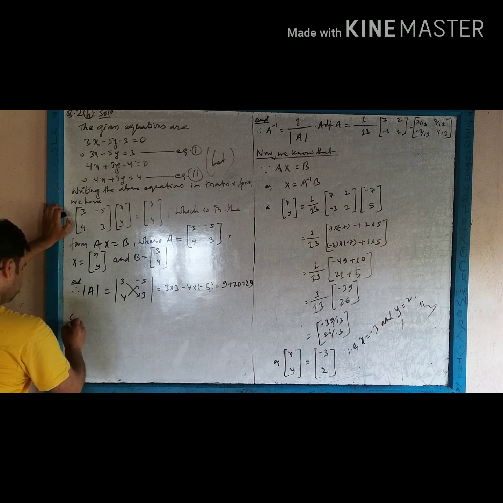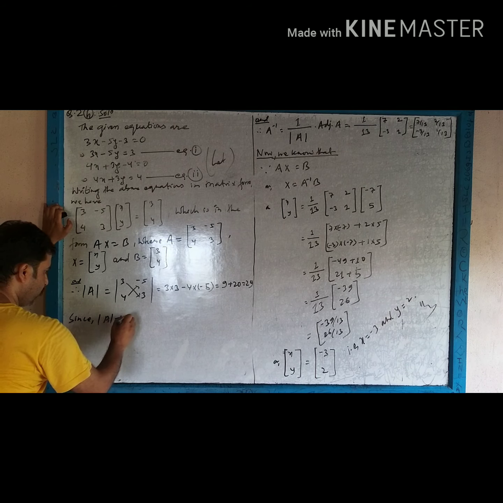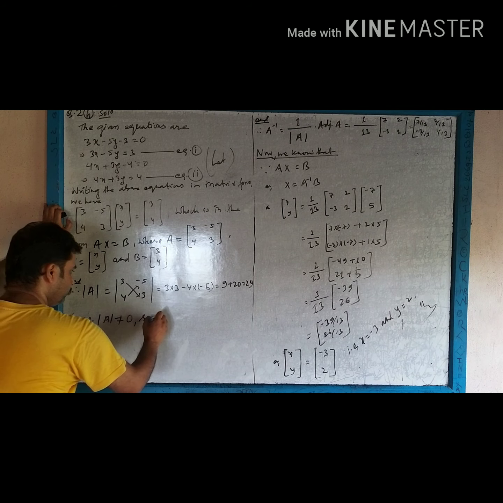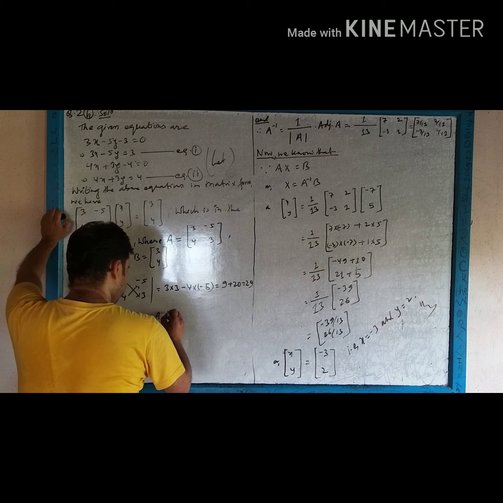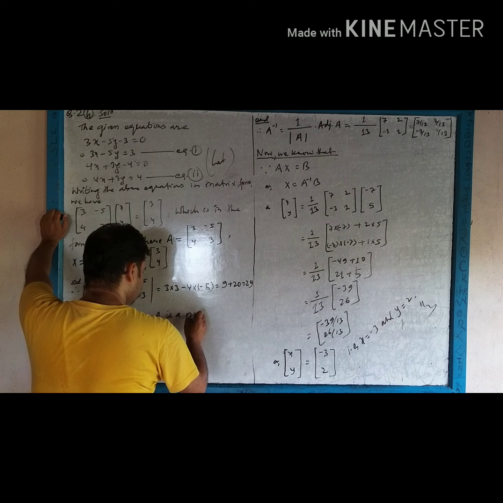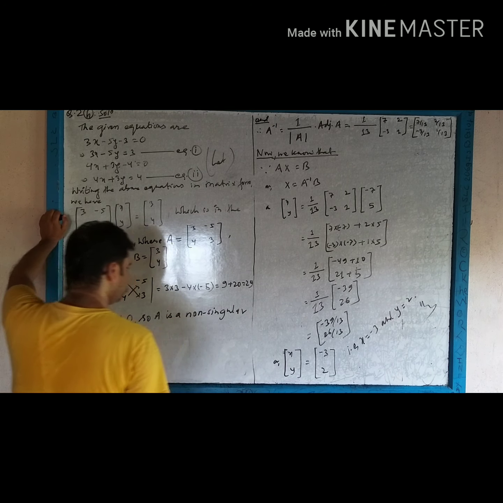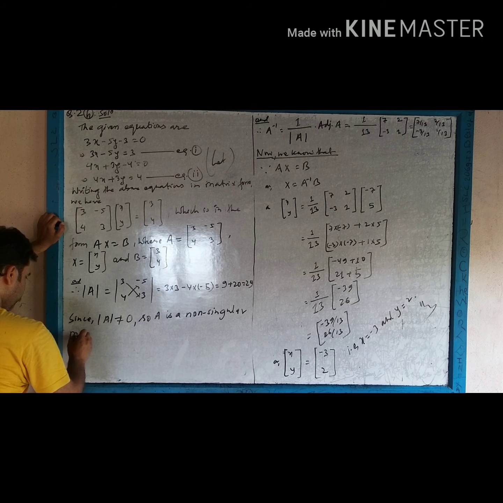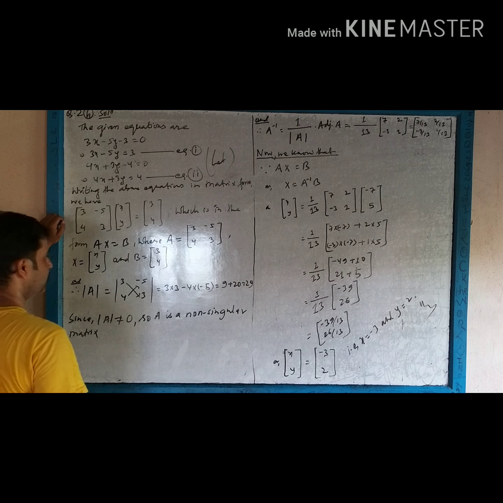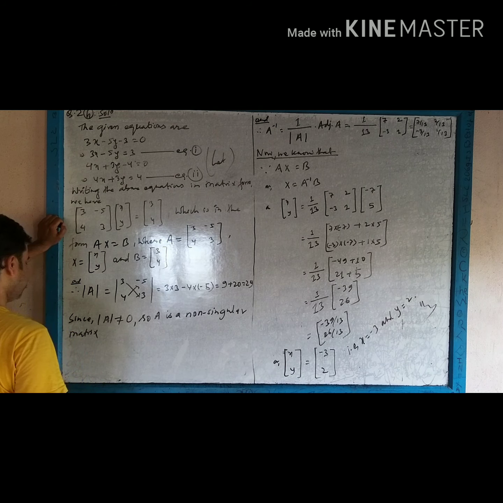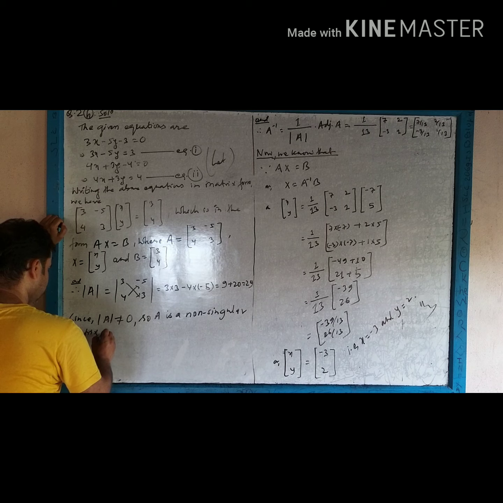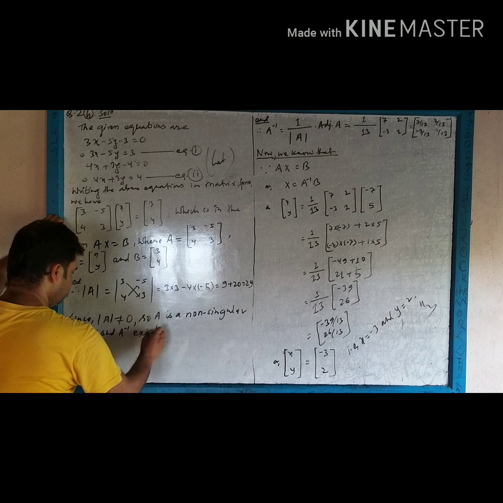Since the determinant of A is not equal to 0, A is a non-singular matrix, and A inverse exists.